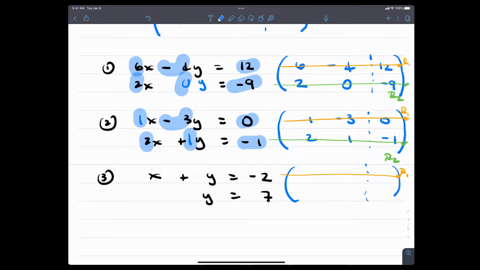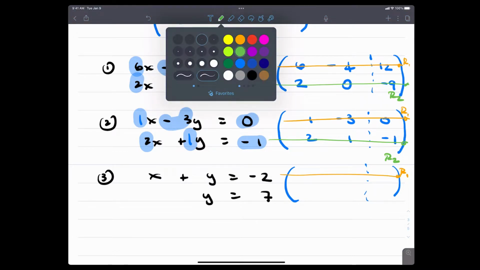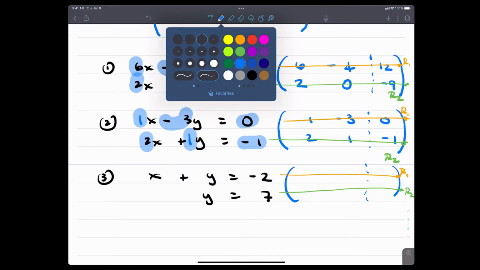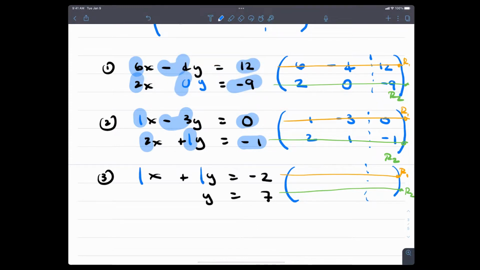What are the coefficients? 1, 1, negative 2. Okay, and then 0, 1, what? 7. Good job. You have to be able to read the coefficients, ladies and gentlemen. If you can't read the coefficients, you can't proceed. Is that right?